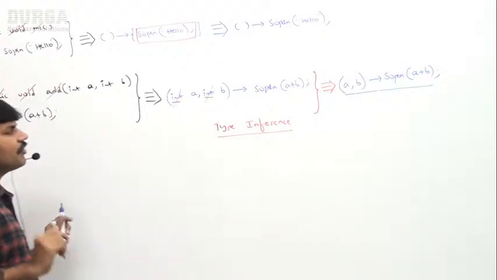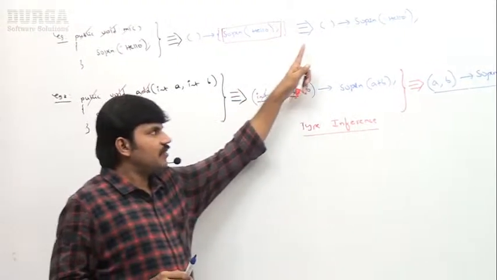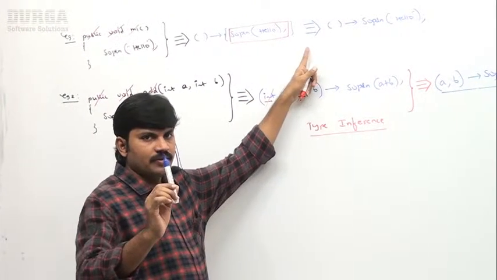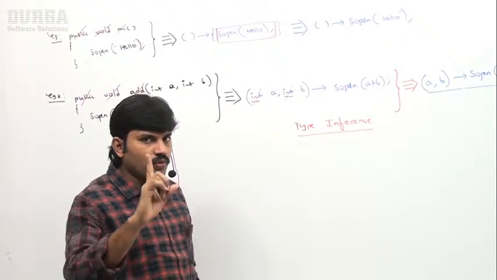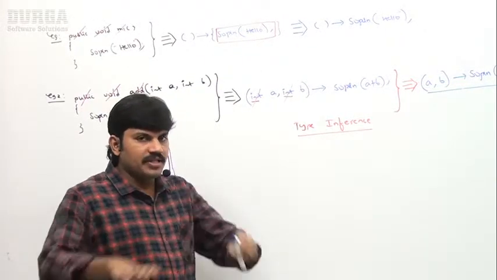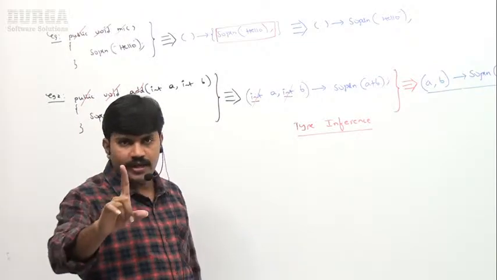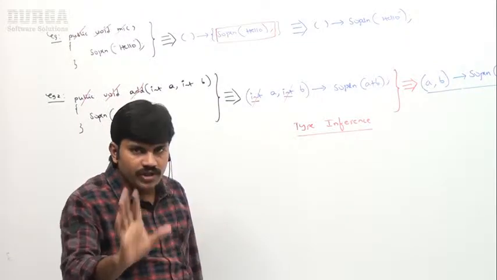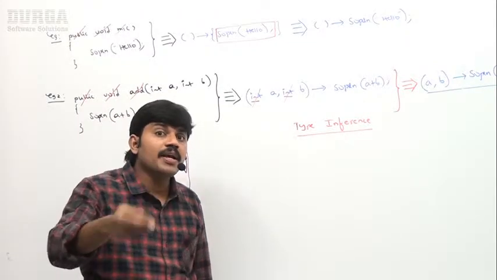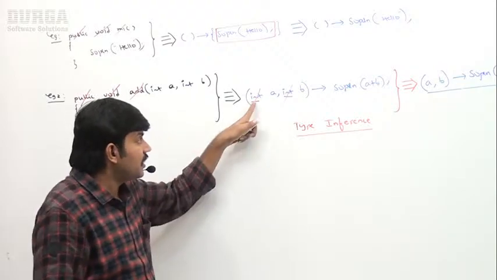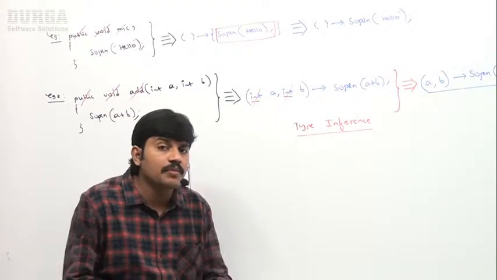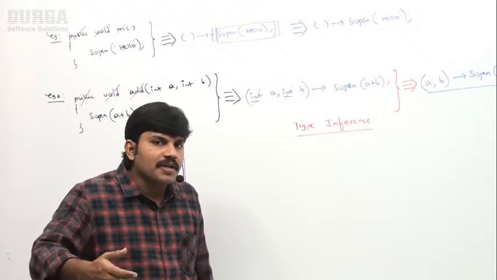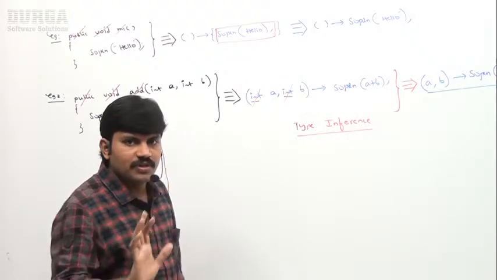Next, of course, in the first example we covered that if the lambda expression body contains only one statement, then curly braces are optional. In the second one we covered that if the compiler can guess the types automatically based on context, how the compiler guesses, that part in the next examples we will discuss, sir.